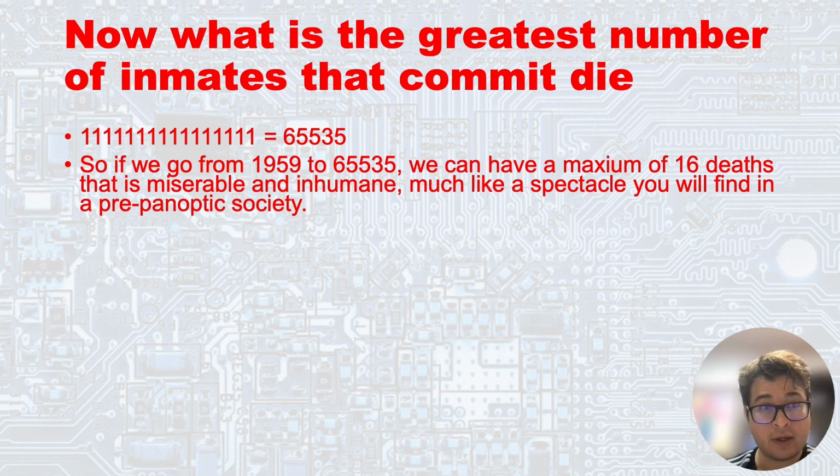So basically, 16 ones means that 16 inmates tasted the bottle that represents 65,535, and we still have a range in which we can fit all 63,577 bottles. So in that case, yes, there might be a maximum of 16 deaths, and that is how the number of deaths can be maximized with a higher probability.